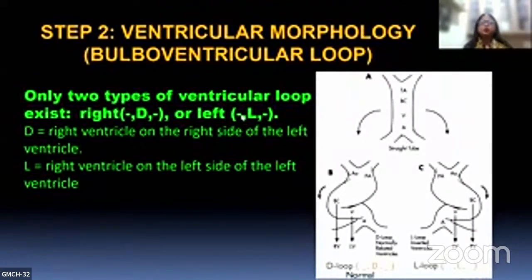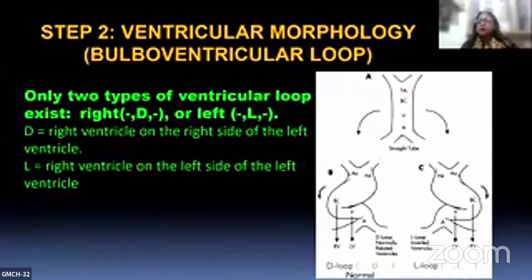Now coming to step 2, that is the ventricular morphology, bulboventricular loop. So only two types of ventricular loops exist, right that we denote by D, or left that we denote by L, that is levo. So D is when the right ventricle is on the right side of the left ventricle.